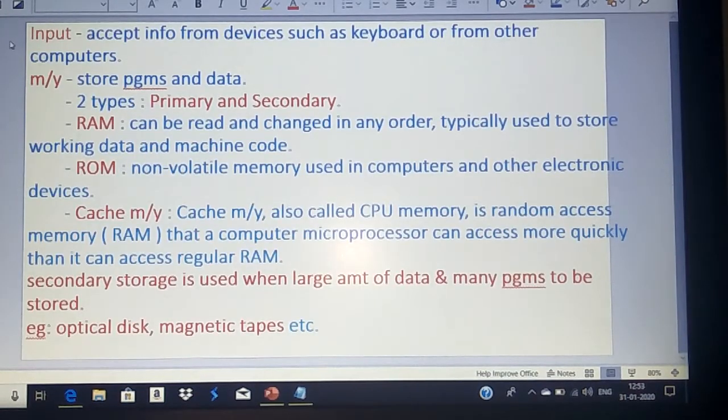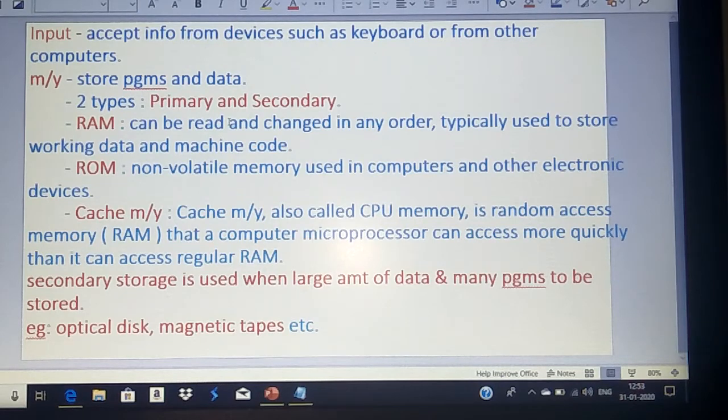Input accepts information from devices such as a keyboard or from other computers. The memory stores programs and data and consists of two types of memory, primary memory and secondary memory. The types of memory in the primary section: first, random access memory, which can be read and changed in any order, typically used to store working data and machine code.